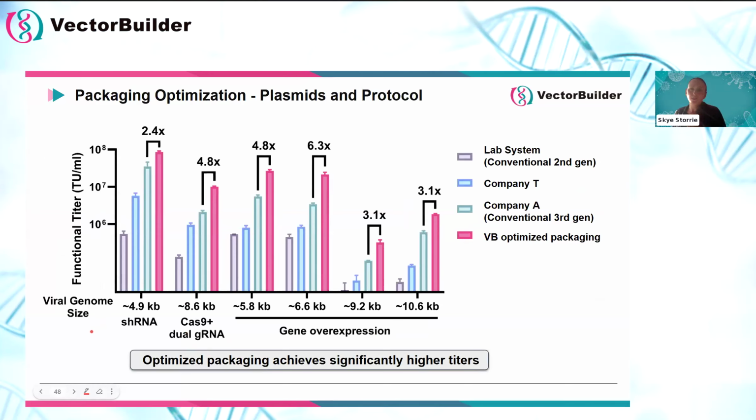And again, this has the added bonus of both antibiotic and supplement-free selection. And here you can see for our different constructs of different sizes, compared to lab systems or conventional second generation systems, and compared to other packaging systems from elsewhere, we can see this marked enhancement in packaging efficiency, here shown in pink.